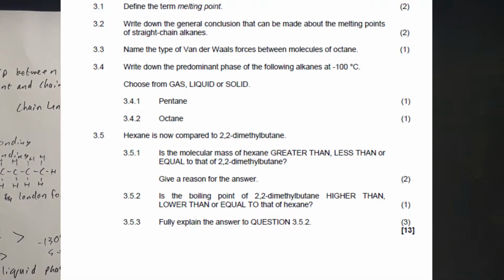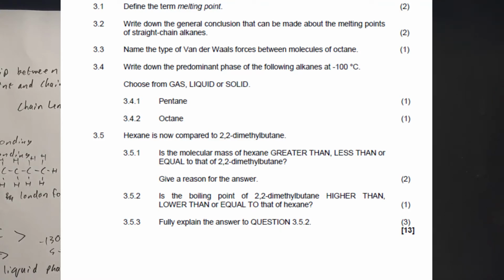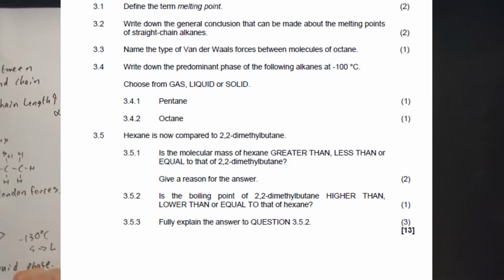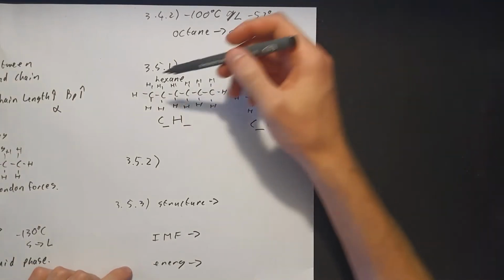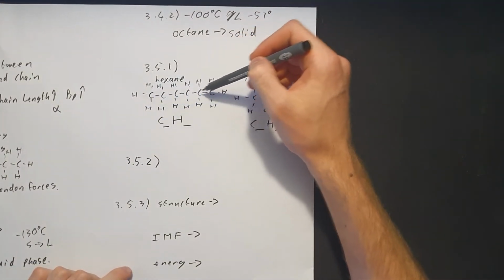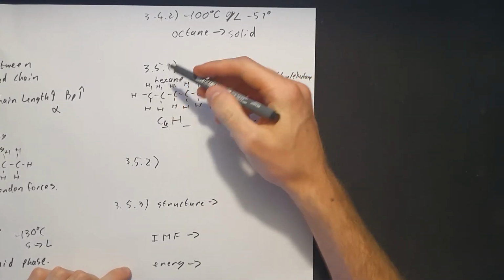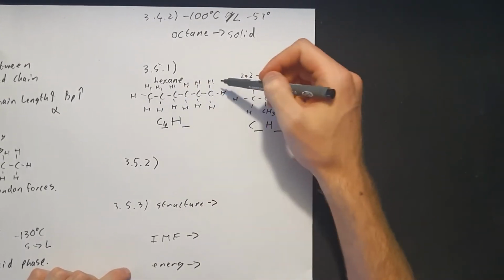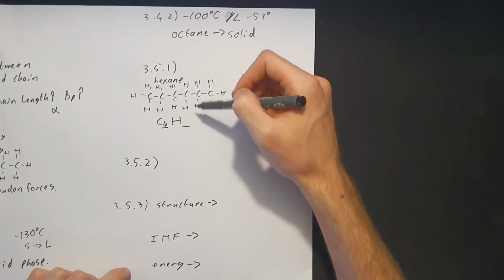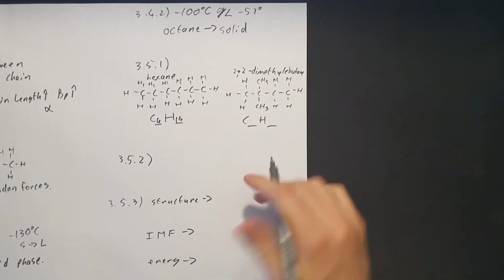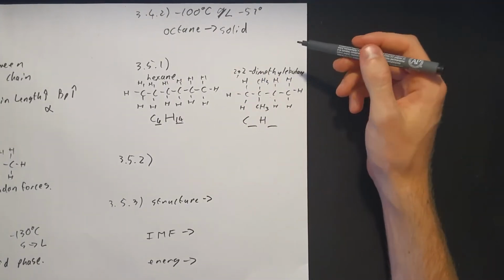Okay, now 3.5 says hexane is now compared to 2,2 dimethyl butane. Is the molecular mass of hexane greater than, less than, or equal to 2,2 dimethyl butane? So I've drawn out both of them over here. So hexane, 1, 2, 3, 4, 5, 6 carbons. And then if you count up all the hydrogens, 3, 6, 7, 8, 9, 10, 11, 12, 13, 14. Now let's have a look at 2,2 dimethyl butane.